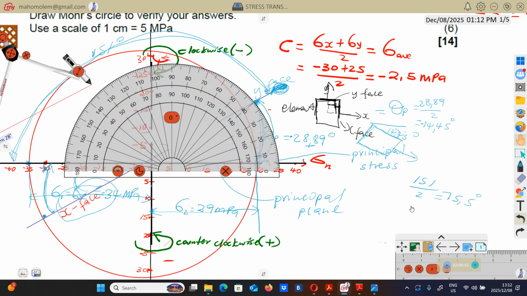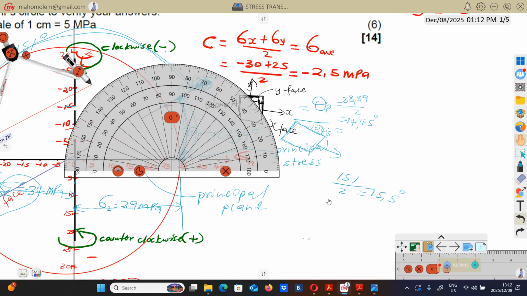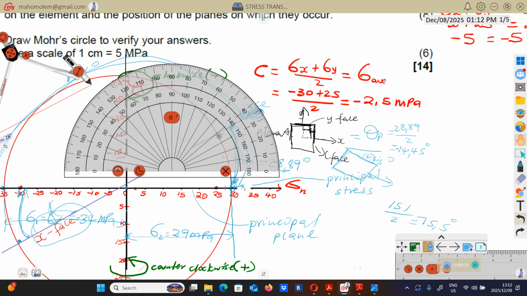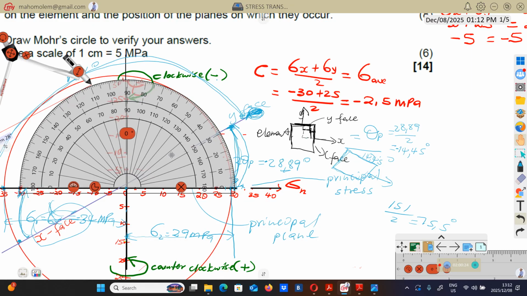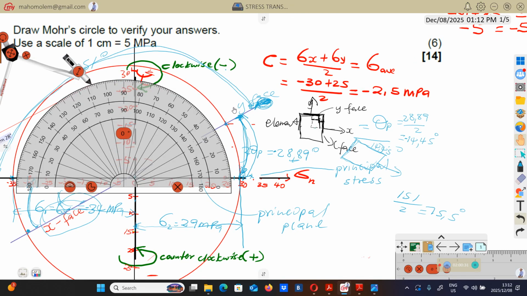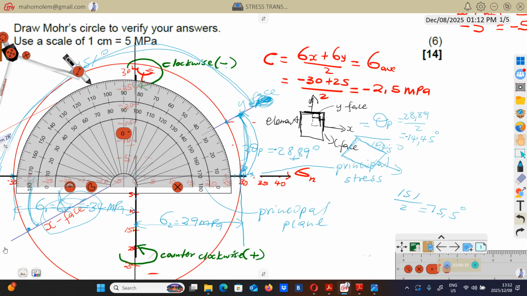As I've said, with the angle, here we got positive 75. Why? Because when we measure from this Y face, from here to there, you'll be measuring anti-clockwise, and anti-clockwise means positive. But when you measure from this X face to this line, it is clockwise.